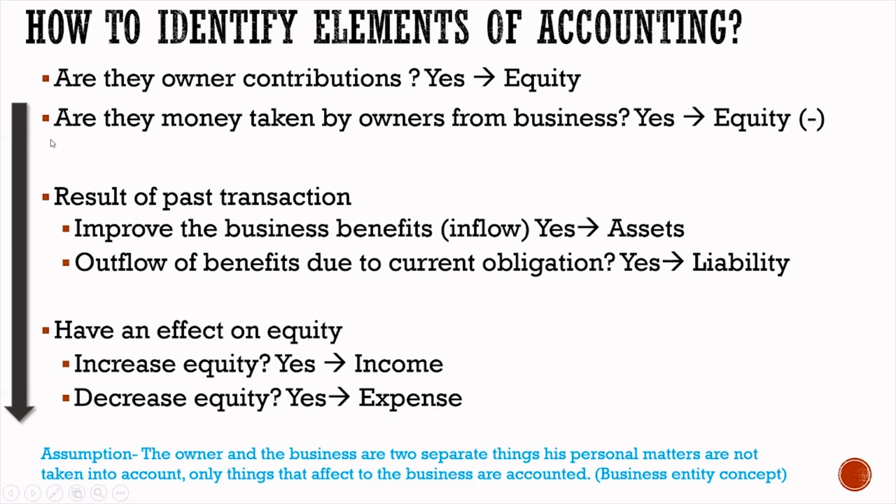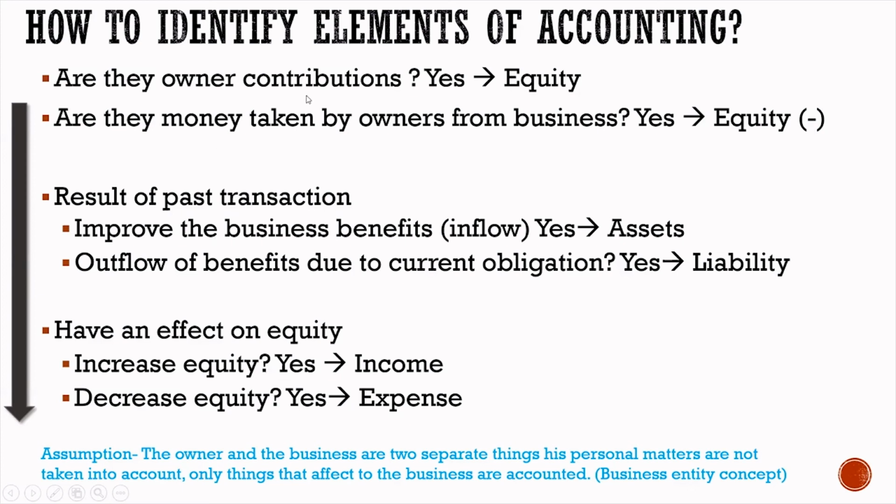Then if it is a result of a past transaction and it improves the business, or it gives it increment in the business resources, it becomes an asset. Or if it is a current obligation or we have to pay back to that person, then it falls under liability, right?